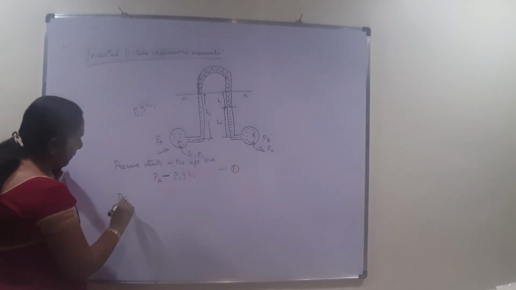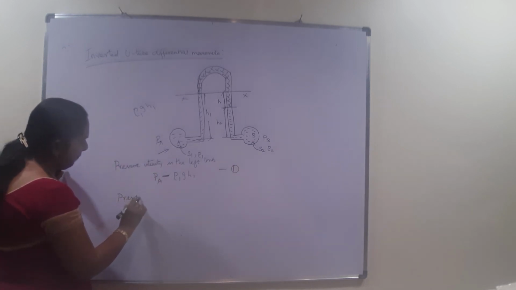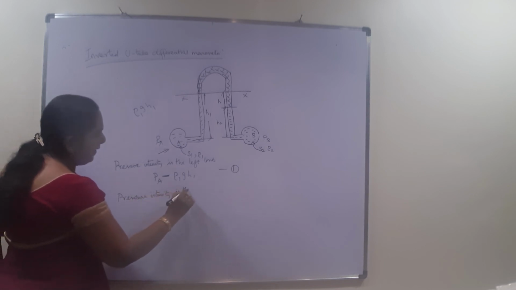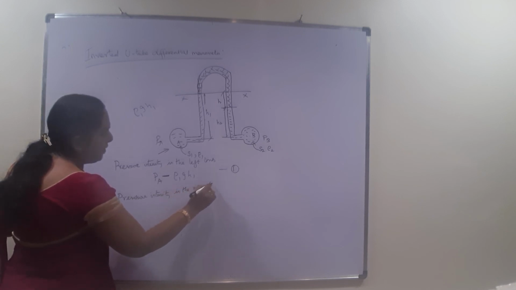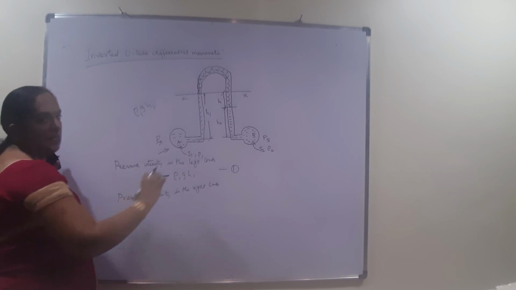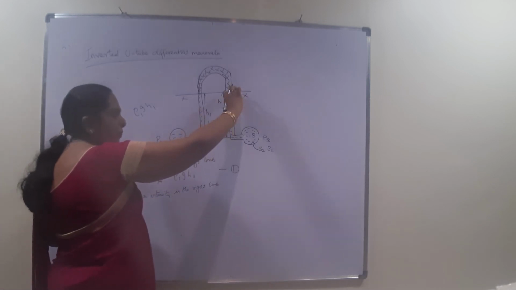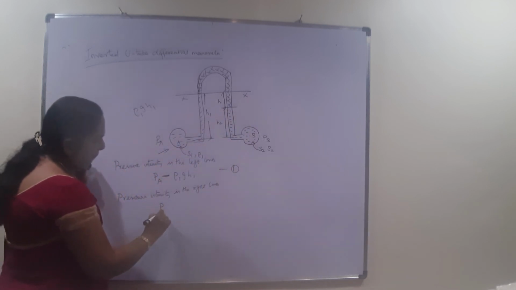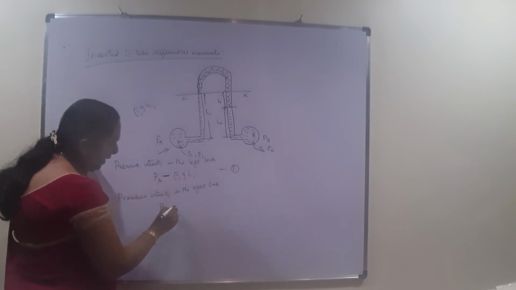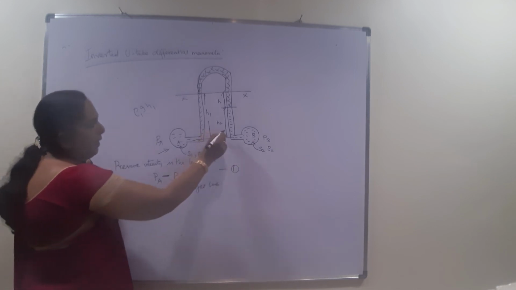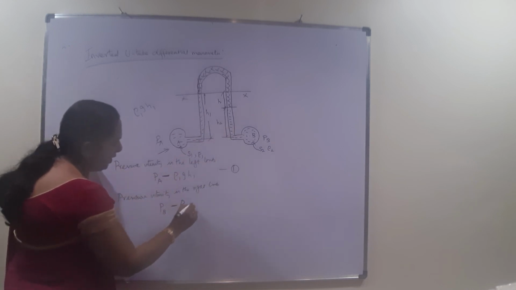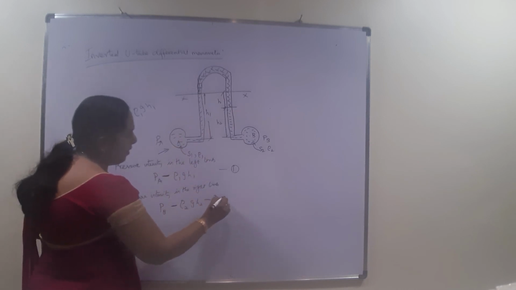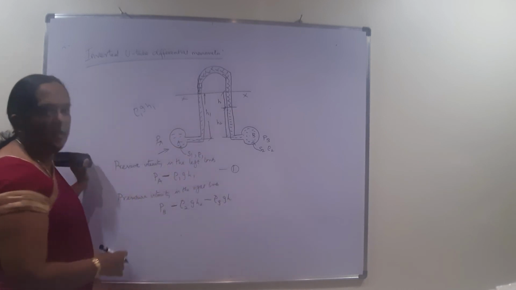Next is the pressure intensity in the right limb. It is because of two liquids: one is your mercury and the other is the liquid at B. So we have PB, the pressure here, minus, and this is very important, because of this liquid you get rho 2 g H2, minus, because of mercury, rho G g H. Rho G is the density of mercury, as we have seen.